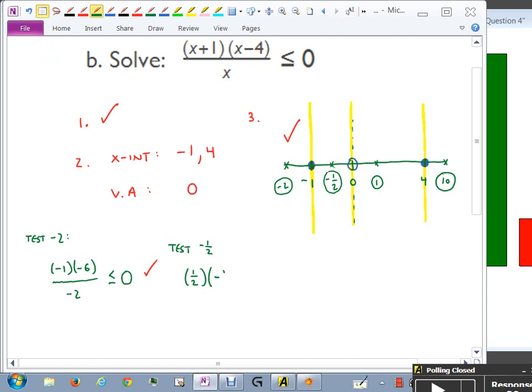It's negative. I don't care. Over what? Negative 1/2? It was negative right here. That's what we're plugging in. So a negative on top, right? Over a negative on the bottom. Is that less than or equal to 0? No. That means this doesn't work.